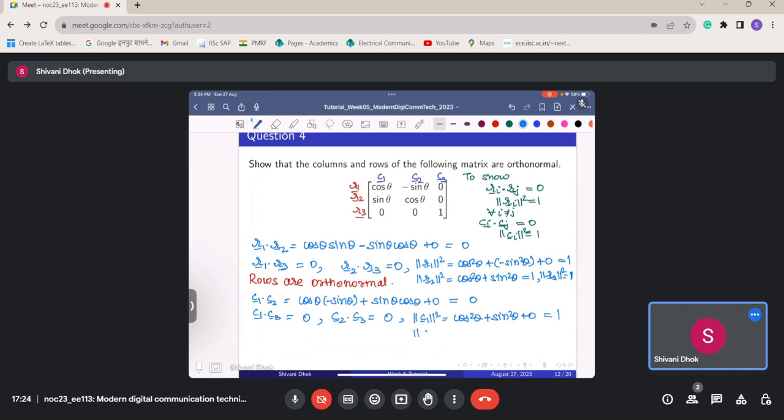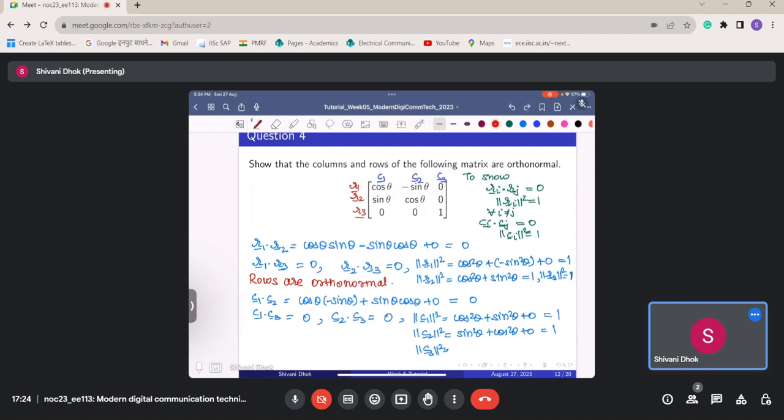Similarly, norm of C2 squared is minus sine square theta plus cos square theta plus 0, which is sine square theta plus cos square theta plus 0, equal to 1. And norm of C3 squared is simply 0 plus 0 plus 1, so this is also equal to 1.